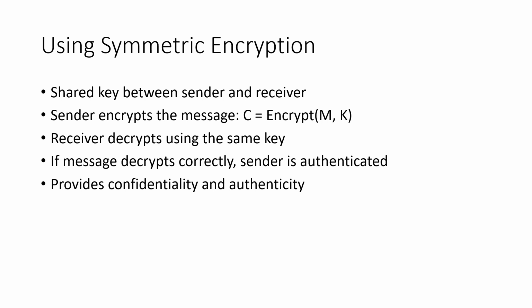When the receiver gets C, they decrypt it using the same key K. If the decryption gives a meaningful and expected message, it proves two things. The message was not tampered with, and only someone with the correct key could have sent it, which authenticates the sender. So, in this method, symmetric encryption achieves both confidentiality and authentication.